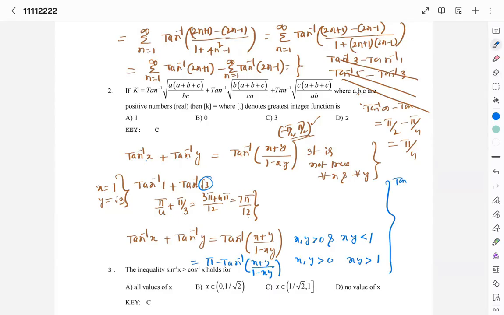You can check it by substituting here: tan inverse of 1 plus root 3 by 1 minus root 3. So tan inverse, if you rationalize, is root 3 plus 1 whole square, 3 plus 1, 2 plus root 3, by 1 minus 3. Let me take some place so that you have clarity.